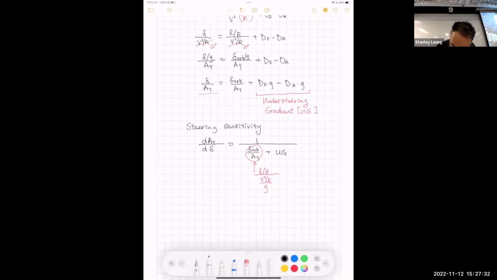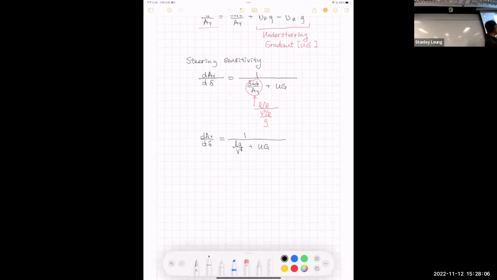Then your d AY over d del, which equals, substituting this, times L G over V square plus UG. We have this function.